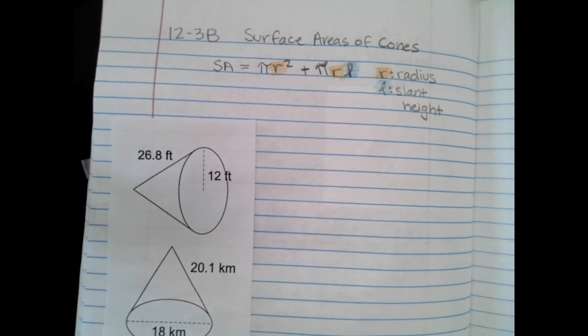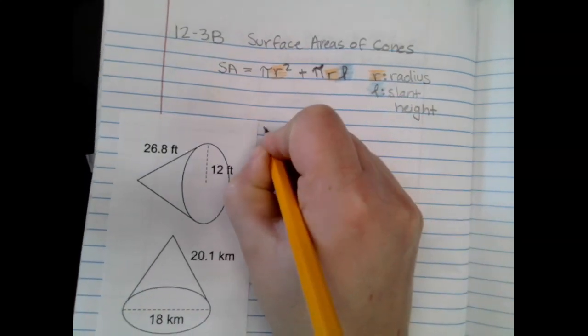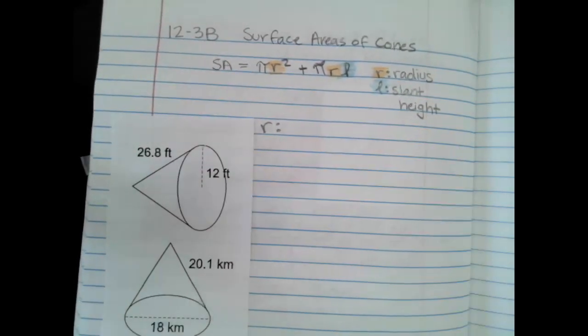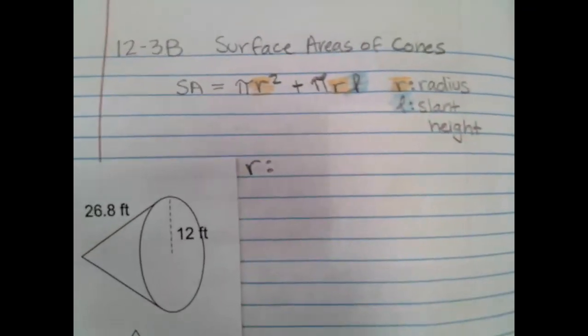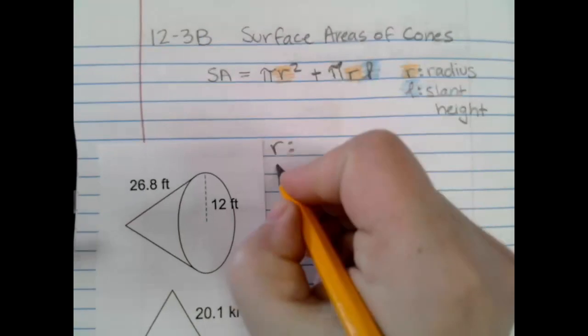Alright. As we take a look, the only two things that we need to find is the radius, the R, and the cursive L, the slant height.